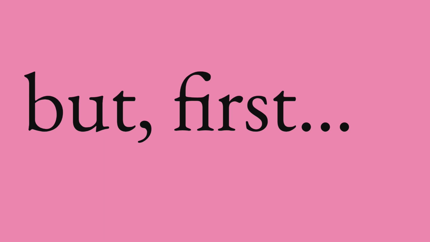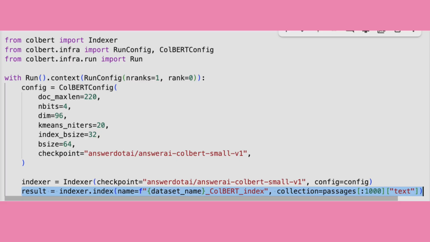So before we get to that, I want to set the stage on how we actually get to some of the main components that are created, specifically this codes object that we'll see. And this is what it looks like, generally speaking, when you are indexing with ColBERT. So I have some config with a ColBERT config object.